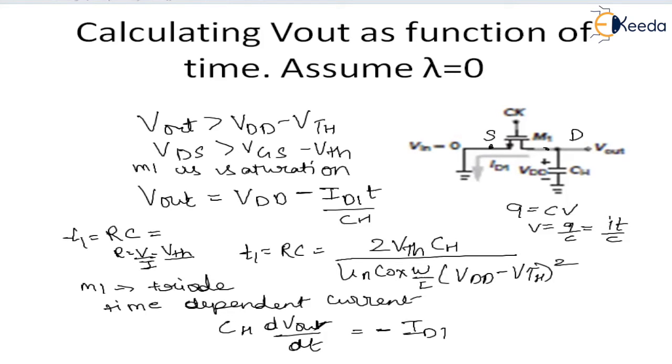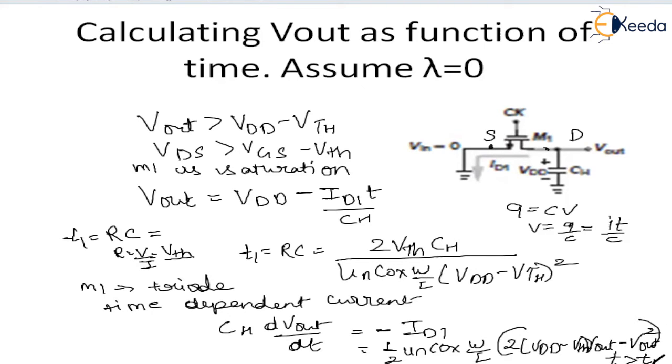We know in the triode region the current is half mu n Cox W by L times 2 VDD minus VTH Vout minus Vout whole square. This is for time greater than time t1.